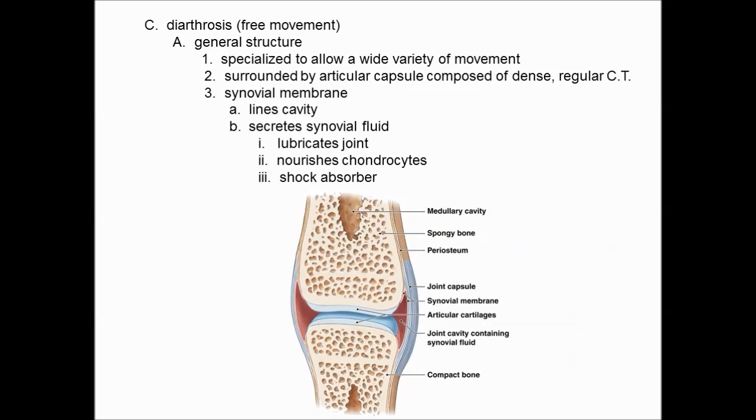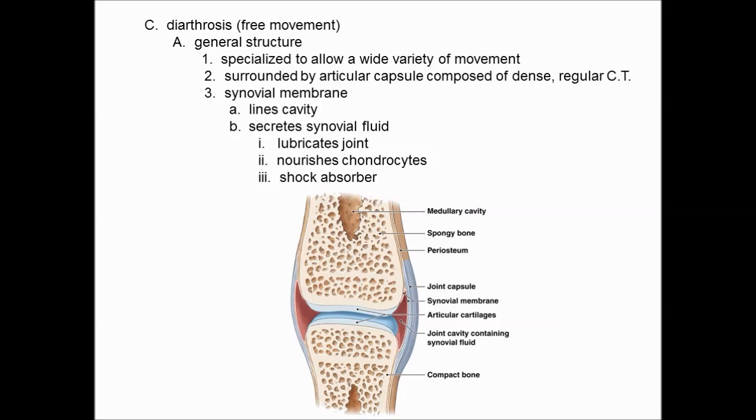And finally, diarthrosis means it's essentially two bones that are free to move by some sort of mechanism. Generally, we'll go through some structures that usually are present in these diarthroses and then classify them into groups. They're usually surrounded by a dense, regular connective tissue that holds the bones together.